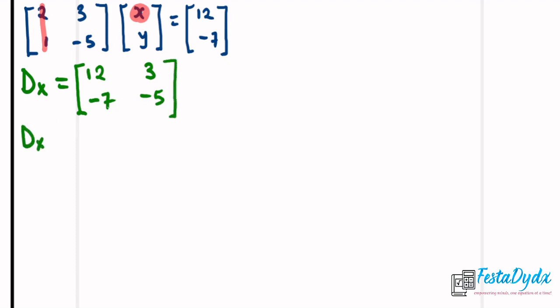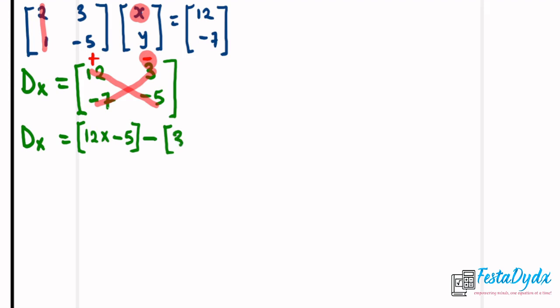The determinant of the coefficient of x becomes, remember to have your plus and minus here, then you multiply the diagonals. Multiplying the diagonals, the first thing we'll have here is 12 times minus 5. Then we'll have our minus here, and then the second diagonal, which is 3 times minus 7.